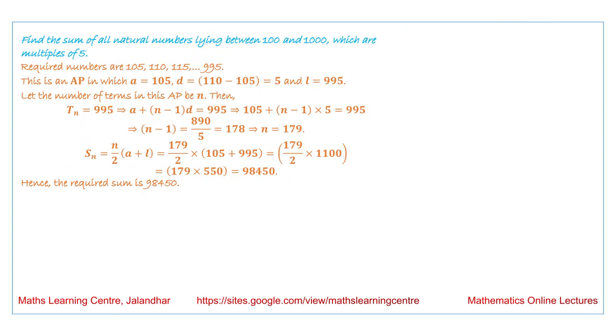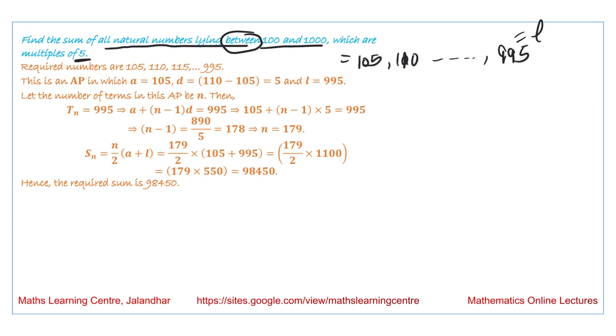Next is: find the sum of all natural numbers lying between 100 and 1000 which are multiples of 5. The first number between these two is 105. Next will be 110, and so on up to the last number, which is 995. This is the value of l, this is the value of a, and the common difference d is equal to 5.